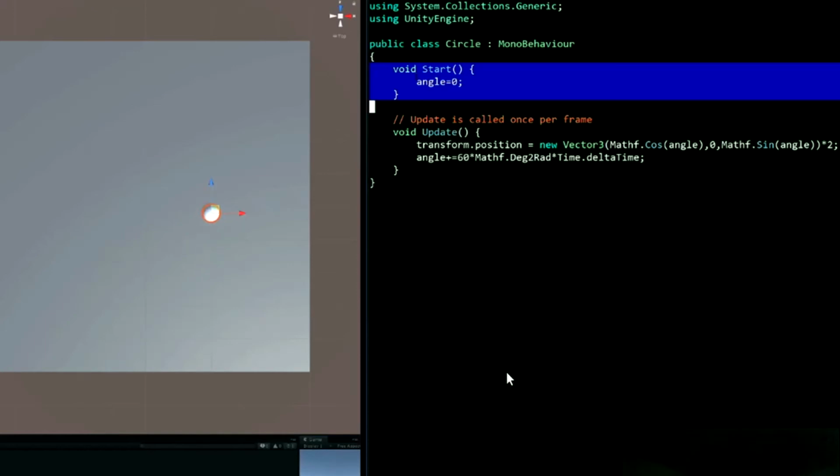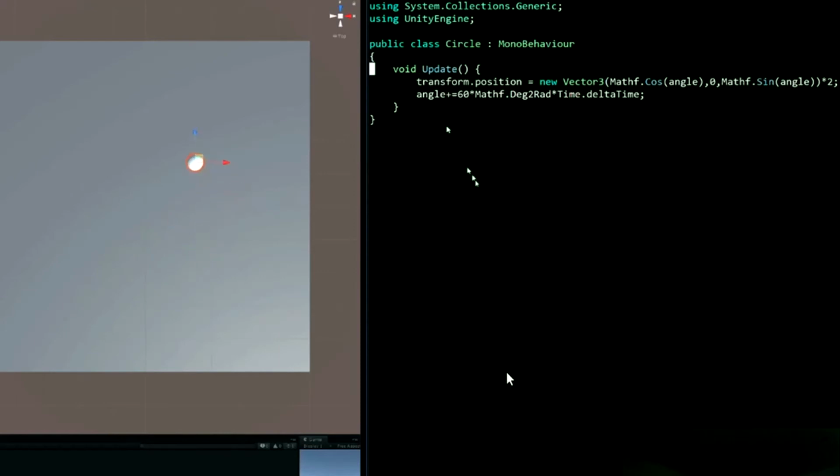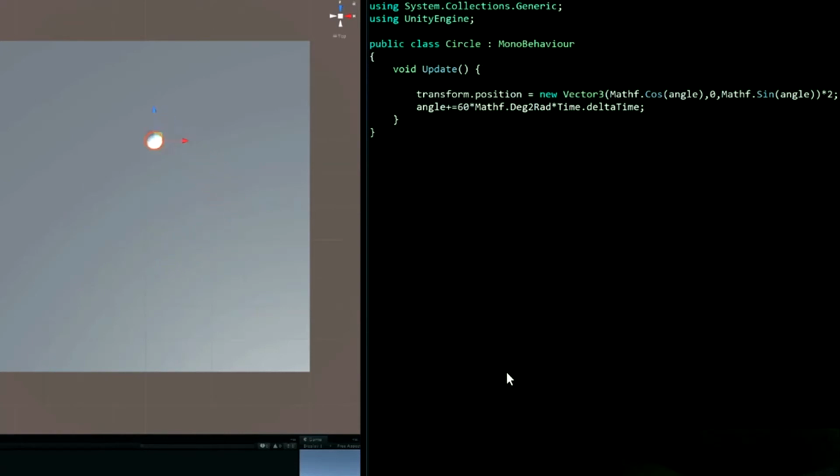Well, we can get rid of that. What we can do is get rid of that, and we can get rid of that for now. We can get rid of the stupid comment because no. Transform position equal new vector angle.